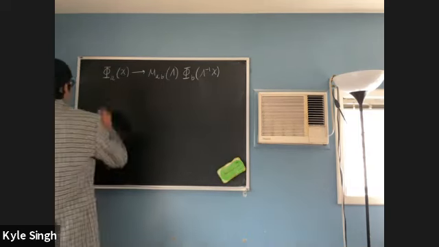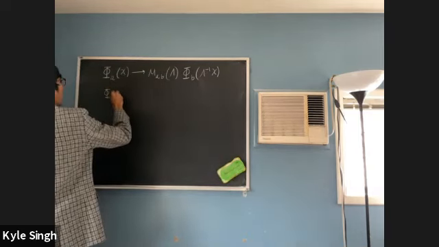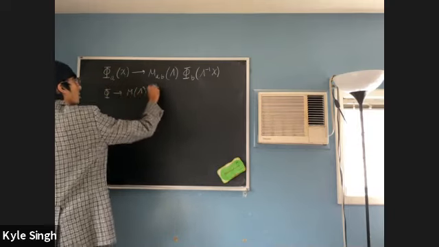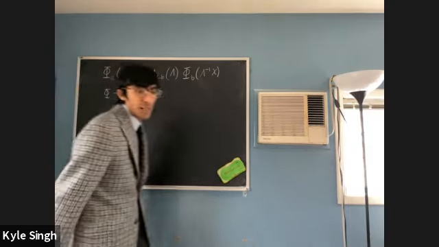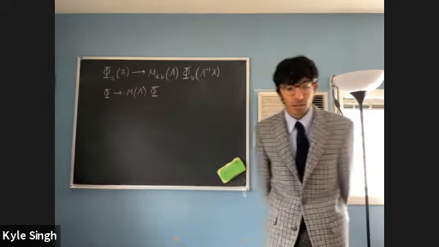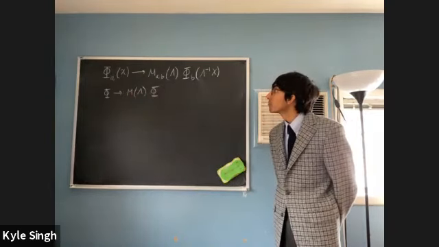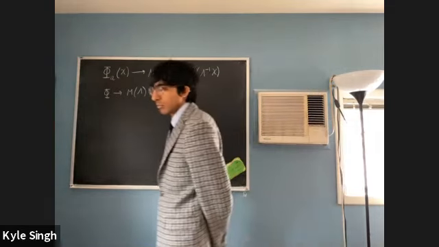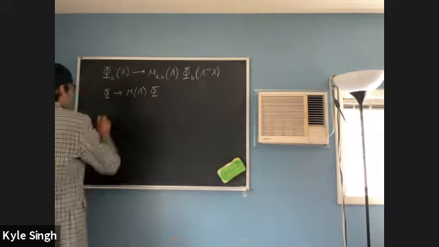So another way to write this would just be to say that phi goes to some M(lambda) phi, where this is just some matrix acting on my second field, right?